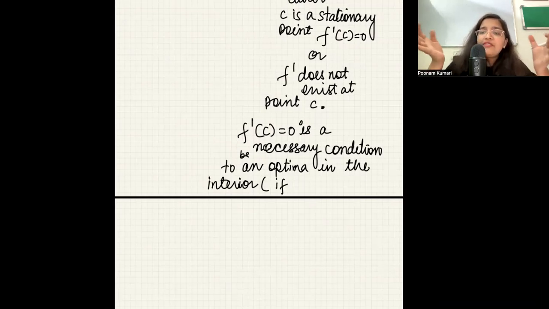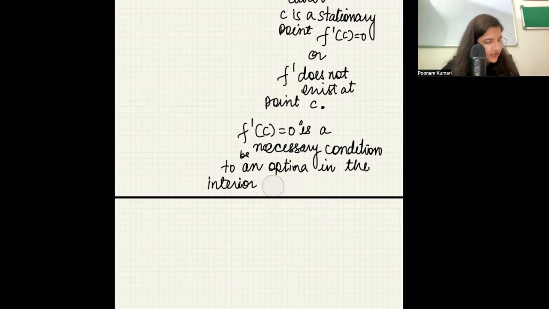But wherever you have a maximum value in the interior and your function is differentiable, your derivative should be 0 at that point. So this is a necessary condition to have an optima in the interior, but it is not a sufficient condition.